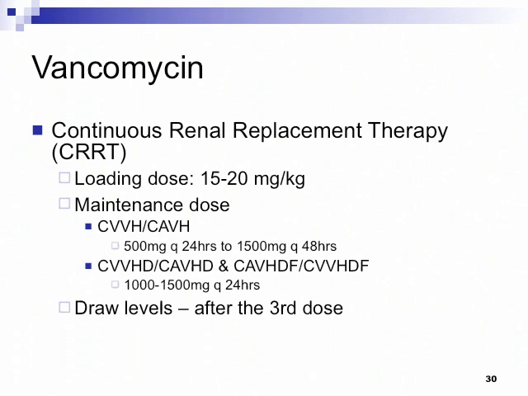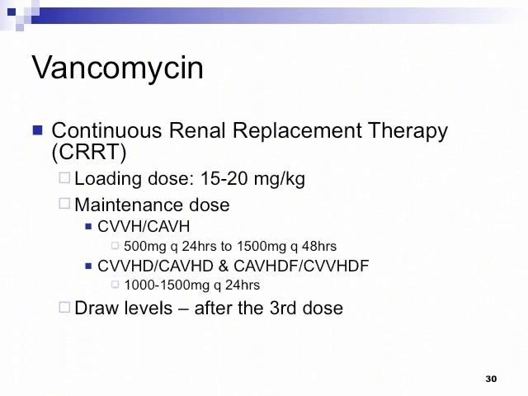For the continuous renal replacement therapy, the loading dose is very standard, 15 to 20 milligram per kilogram. The maintenance dose is quite different. For the CVVH, only 500 milligram one time, like Q24, or 1500 Q48.